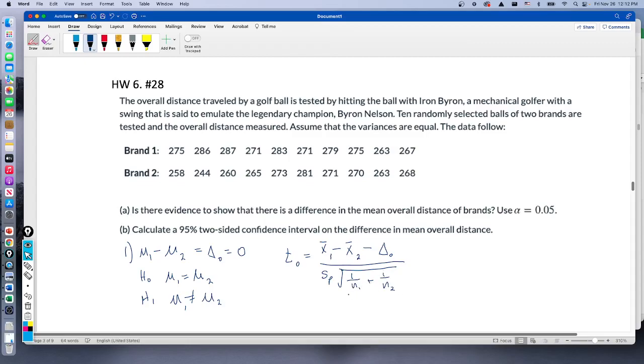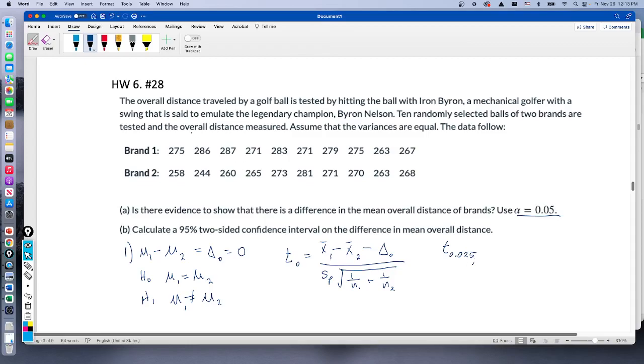So when do we reject the null? Well, we are doing alpha equals 0.02. It's a two-sided test, so what we're looking up is half of this, 0.025, and how many degrees of freedom?